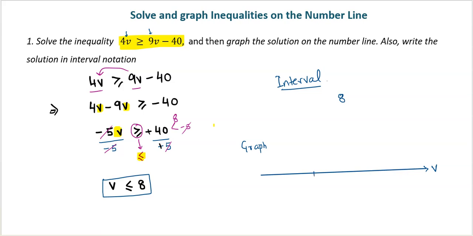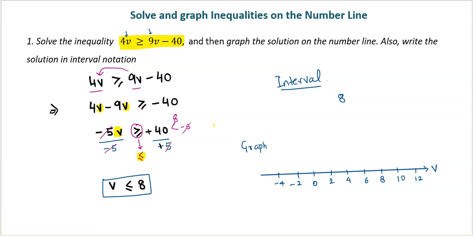It's up to you how you number the points, but make sure that if you are denoting this distance as 2, the same distance should be 2 everywhere. So it should be 4, 6, 8, 10, 12, like that. And on the left side also, minus 2, minus 4, and so on.